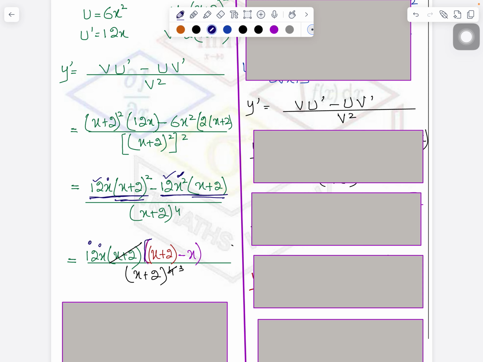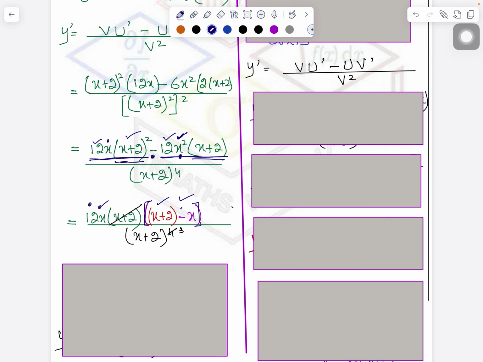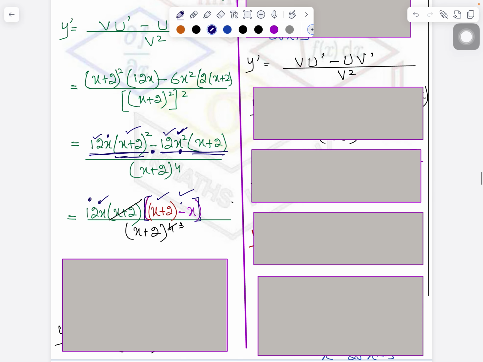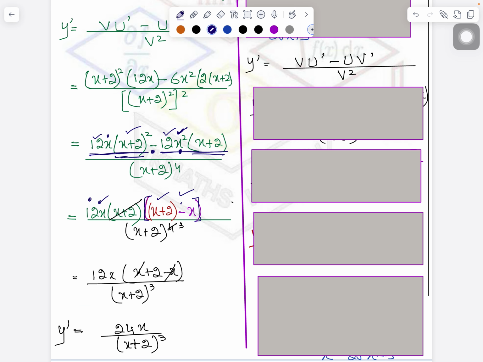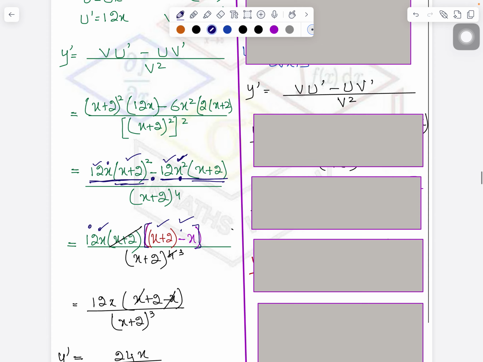What is left from here? x plus 2, which is here, minus sign, and 1 of x is left because this is x squared and I have taken 1x common out. Then I will open the numerator bracket, simplify it, and x will cancel out. And this is how you will simplify the thing. I think this is basic algebraic manipulation. At this stage, you are comfortable with that.